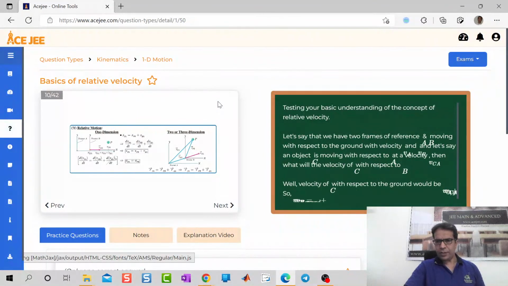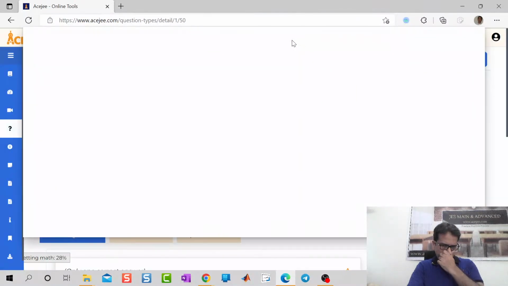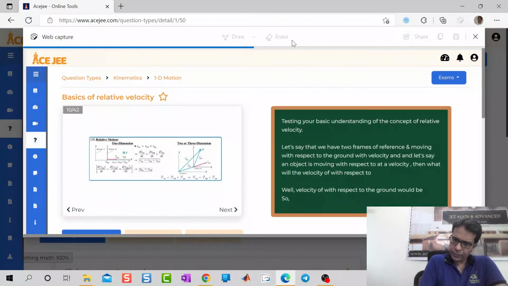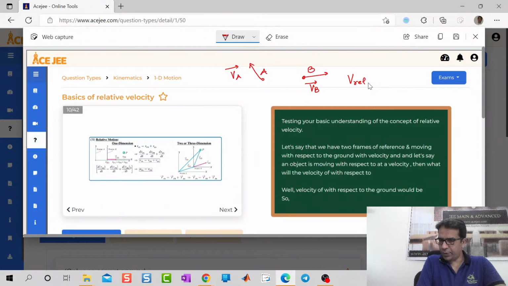So if you have two particles A and B moving with velocities VA and VB, then the relative velocity of, let's say, A with respect to B will be vector VA minus vector VB.